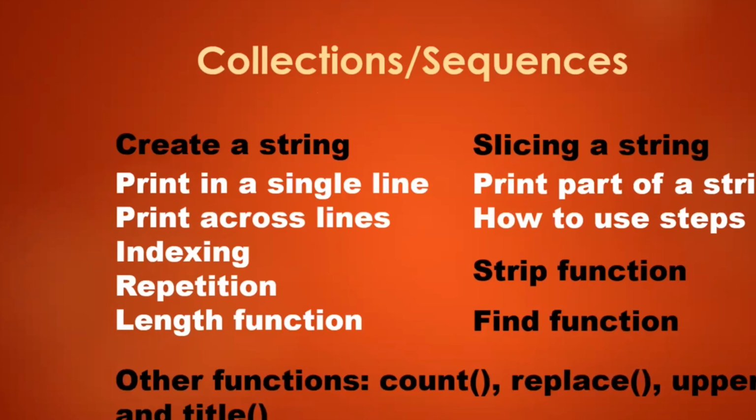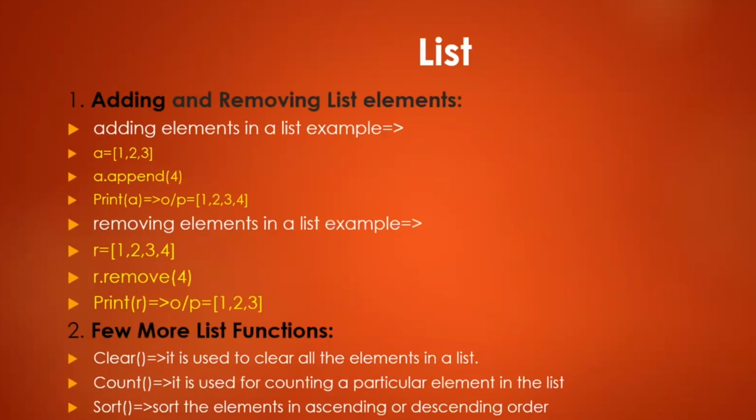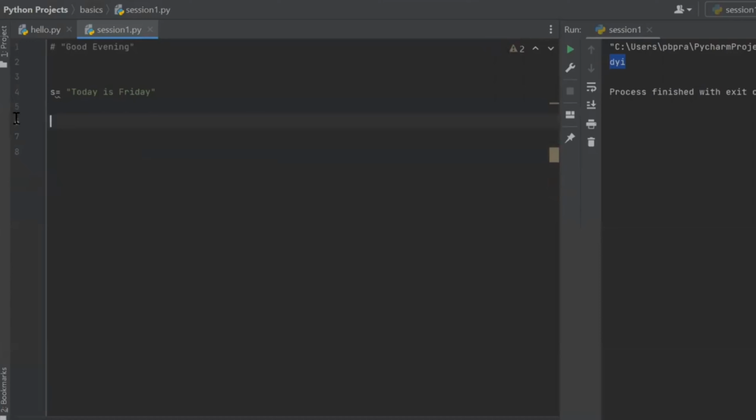I'll show you how the slicing worked. We'll verify it once in the program. So the question was s equal to "today is Friday". Now I'll just print. What was the last question we did? 2, 8, 2.